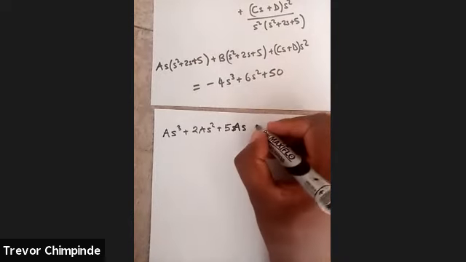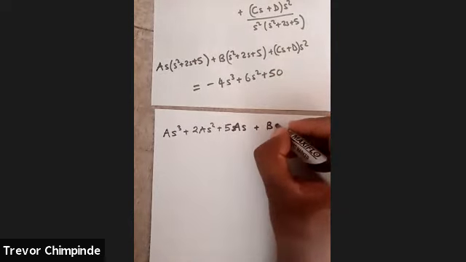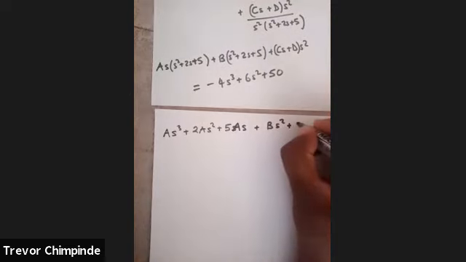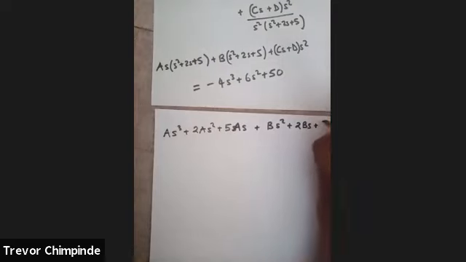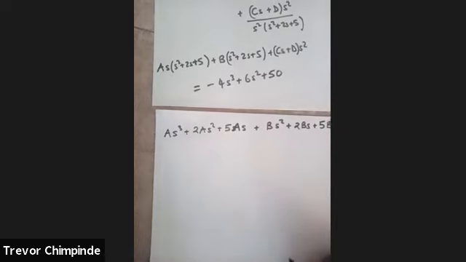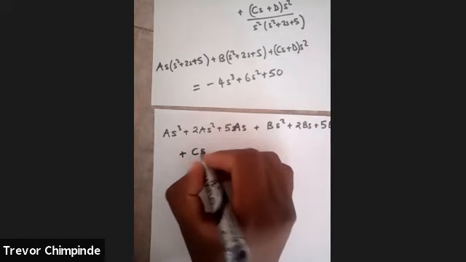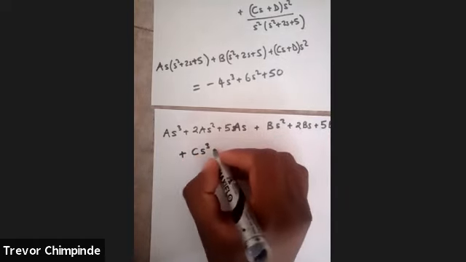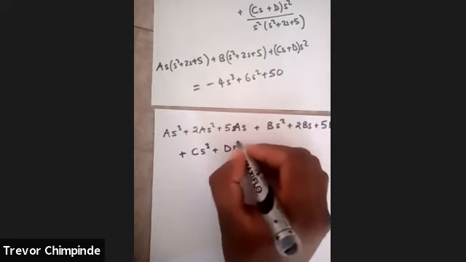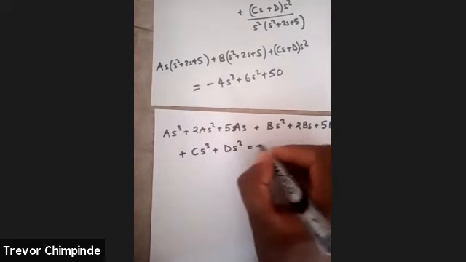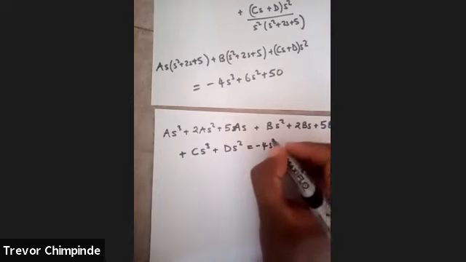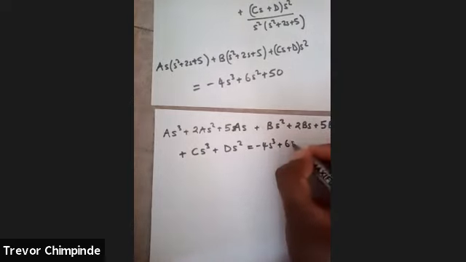The second term becomes plus B s squared plus 2Bs, then plus 5B. The last one, plus C s cubed, then plus D s squared. So this is equal to negative 4s cubed plus 6s squared plus 50.